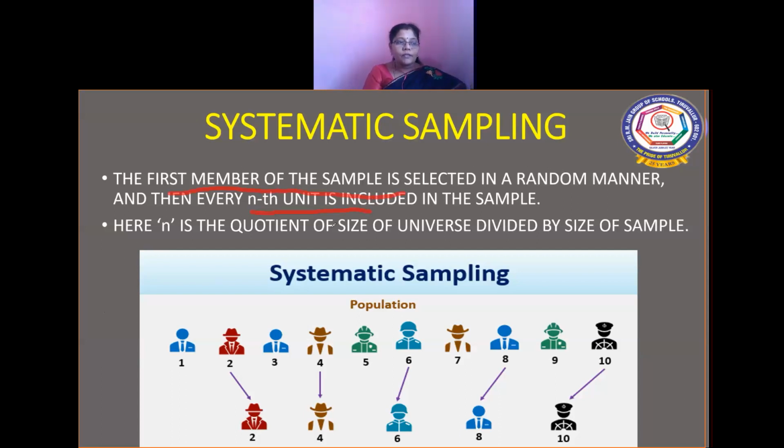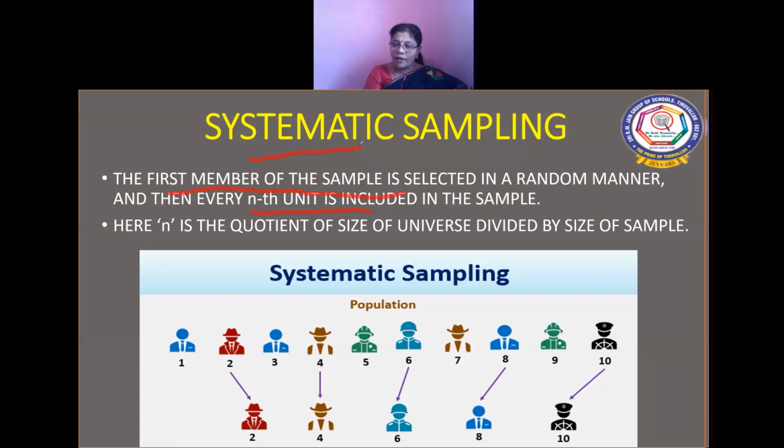The word systematic stands for orderliness or order. So in this sampling, all the items in the universe are first ordered, and then every nth item is included in the sample.